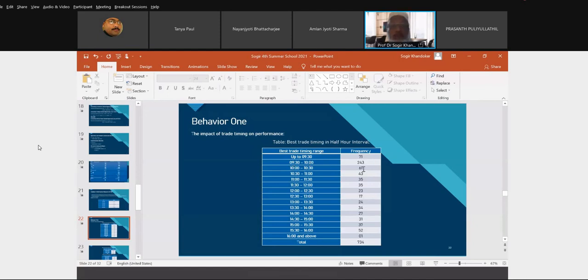If we divide the total trading period into half-hour intervals, that is 9:30 to 10, 10 to 10:30, 10:30 to 11, 11 to 11:30, and in this way up to 15:30 to 16 and after 16:00. So we can easily see from this table that 243 trades performed better in the time range 9:30 to 10.